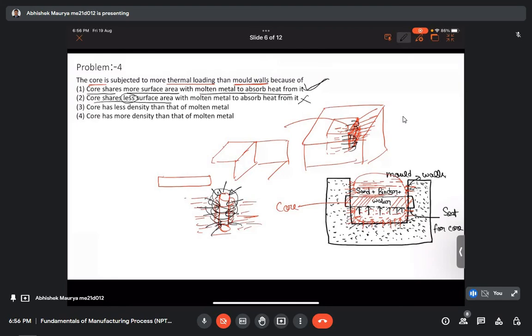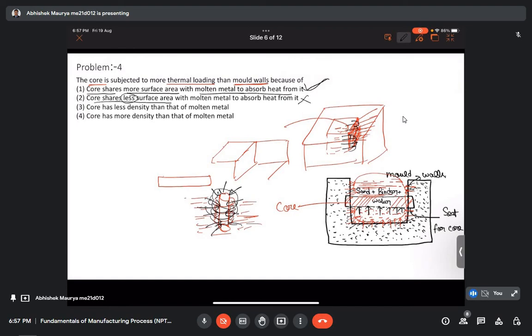Core has less density than molten metal. This option is correct with respect to the mechanical loading, not with respect to the thermal loading. Okay, let's try to explain what is the mechanical loading.